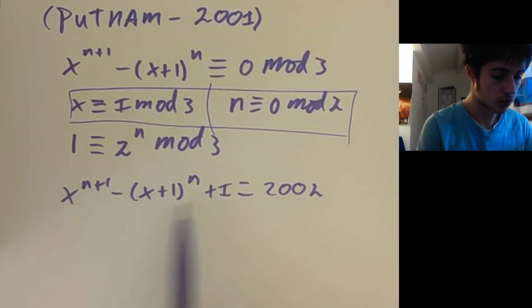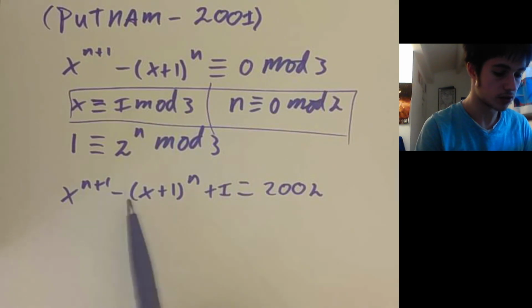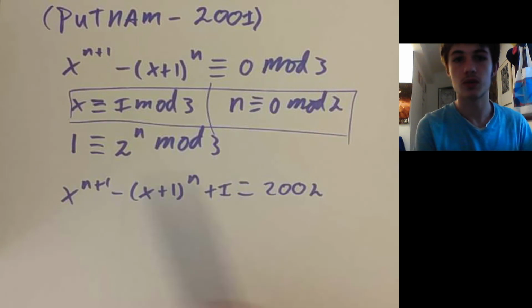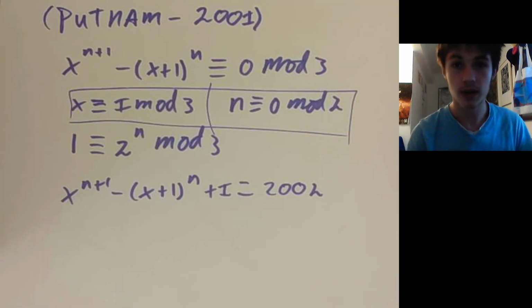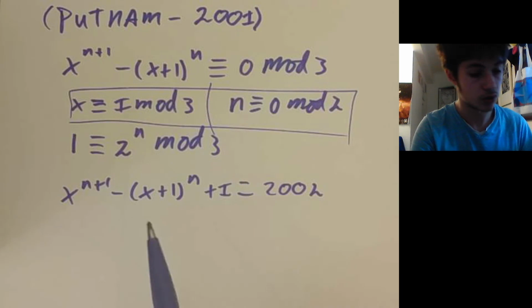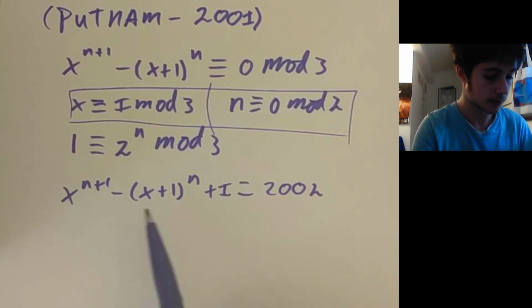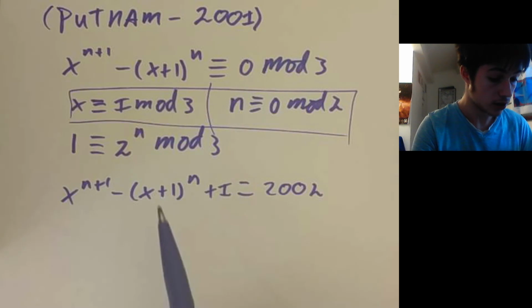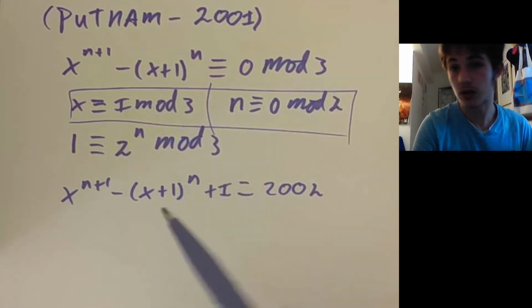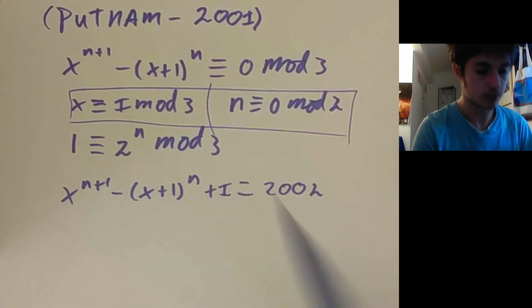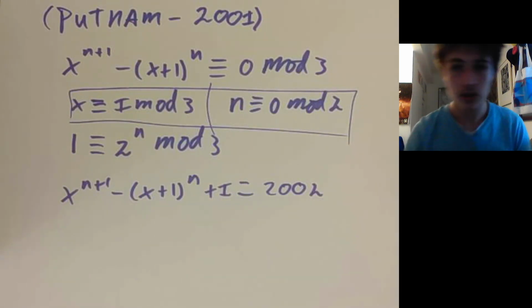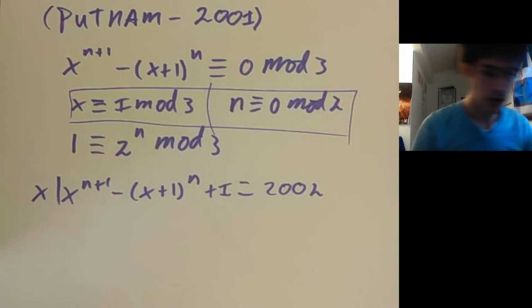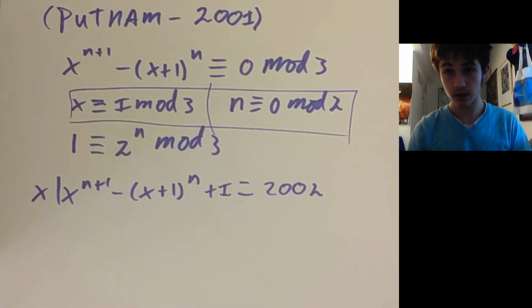So for example, if you use the binomial theorem, you'll get a constant term of -1, and by adding 1 we remove the constant term, so this will always be divisible by x. Or when you look modulo x, this part will disappear, and this will just be 1 to the nth power, which is going to be 1 modulo x, and then -1 plus 1 will be congruent to 0. So either way you look at it, you see that x divides this, so x divides 2002.